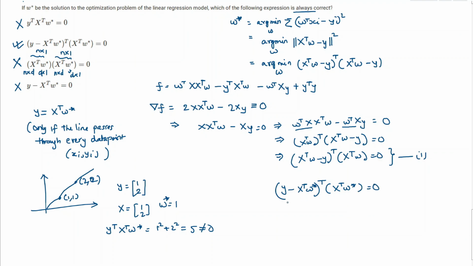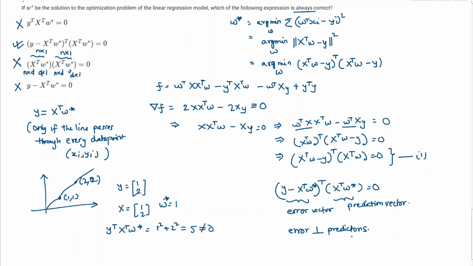That means this guy is perpendicular to this guy, right? But what is this guy? This guy is the error vector. And what is this guy? The second term is nothing but the prediction vector. So it says that the error is perpendicular to the predictions.